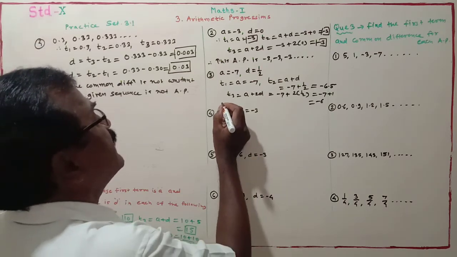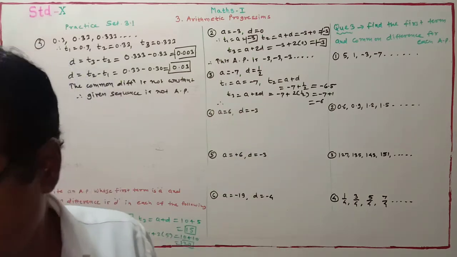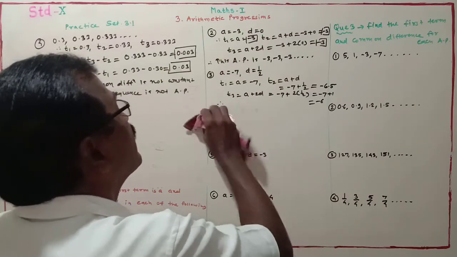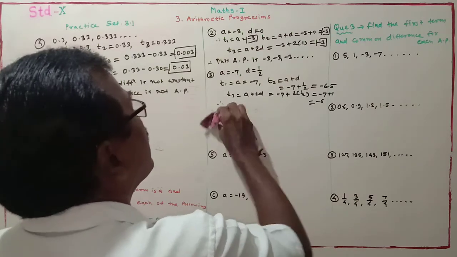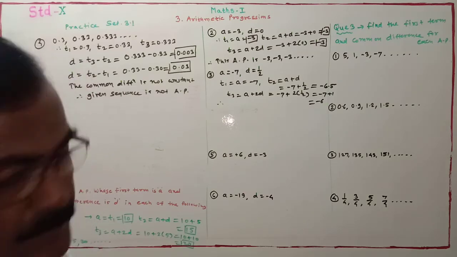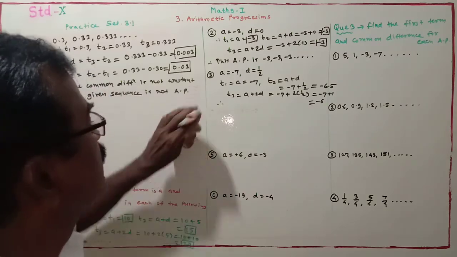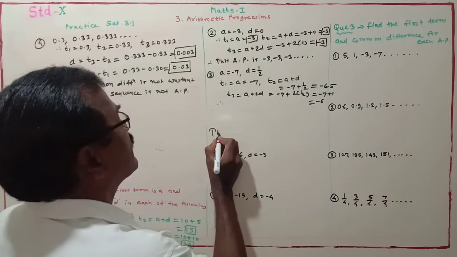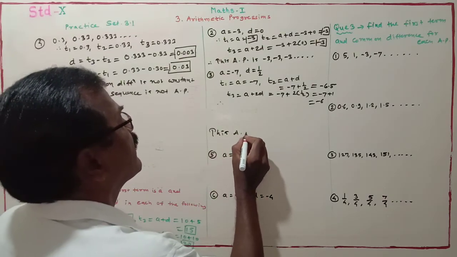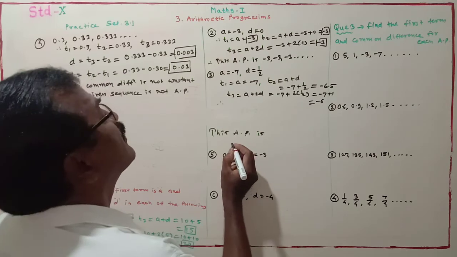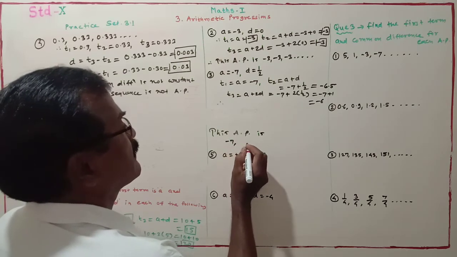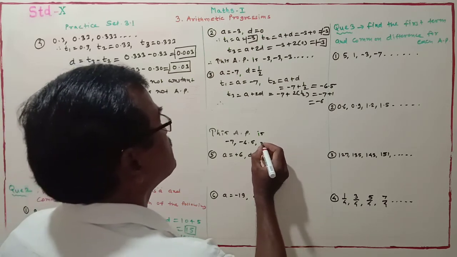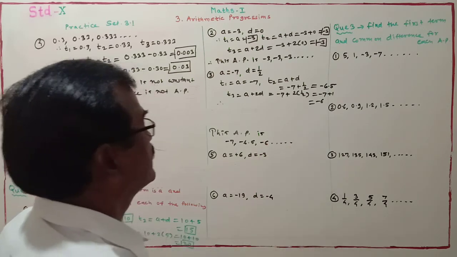Therefore, this AP is minus 7, minus 6.5, minus 6, etc.